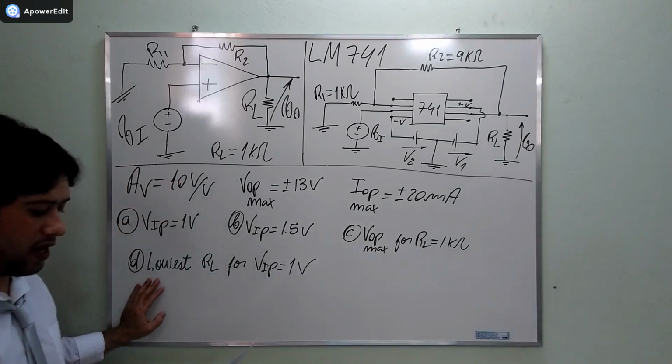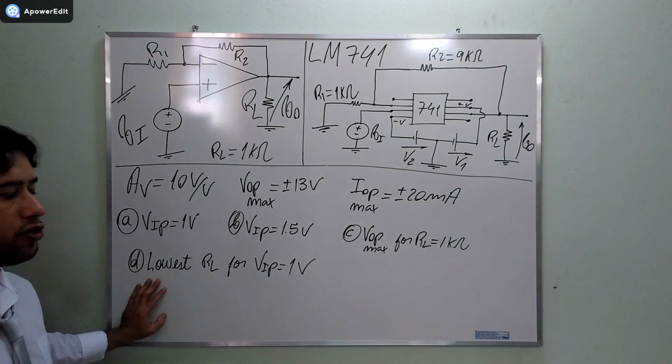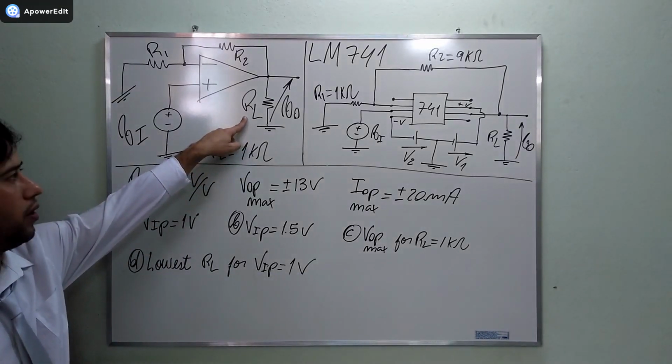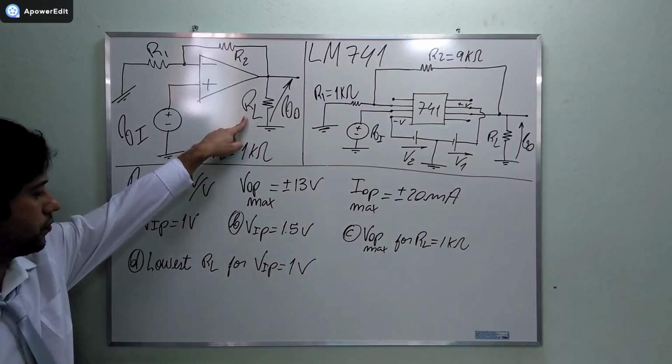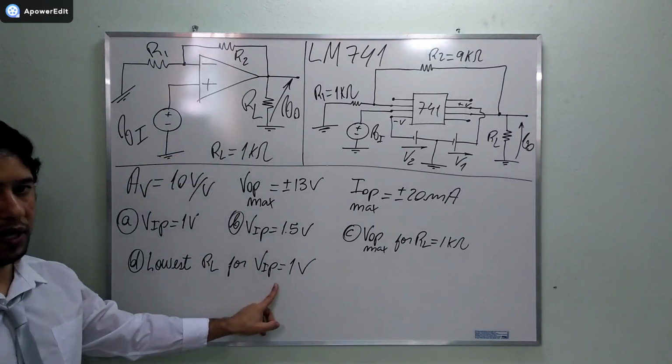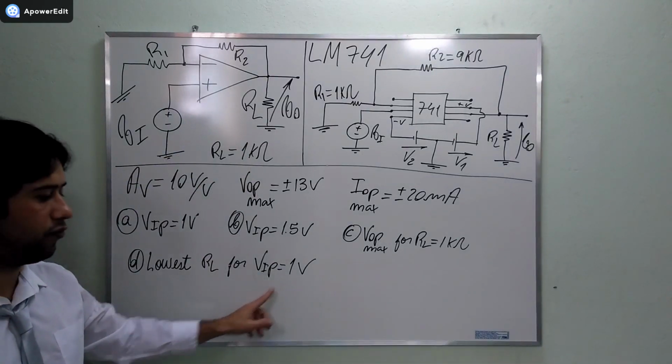And letter D, I want the lowest value of the load resistor if the input is 1 volt. The peak of the input signal is 1 volt.